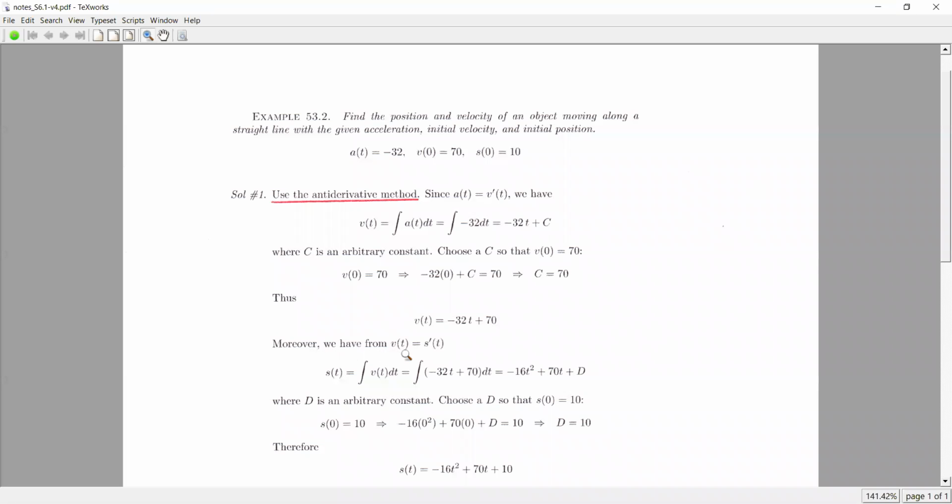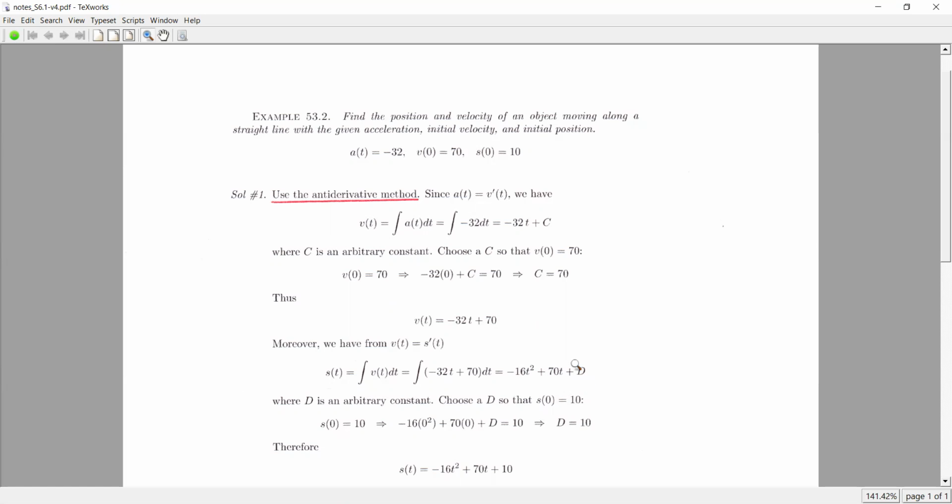Moreover, the derivative of the position is velocity. Therefore, position is the antiderivative of velocity. Plug in this polynomial in V, then we have this equation. Antiderivative of this polynomial is this polynomial. Don't forget to add an arbitrary constant.